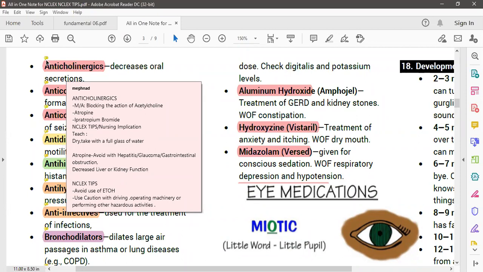Ipratropium bromide or atropine can cause the mucous membrane to become dry, so take this medication with a full glass of water.